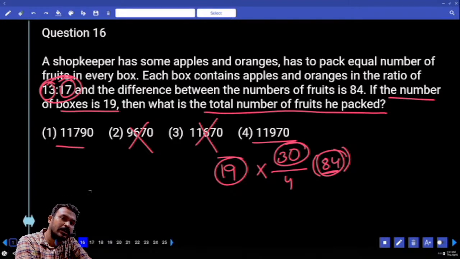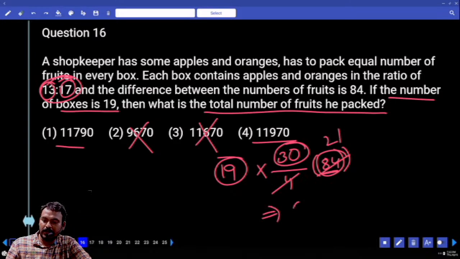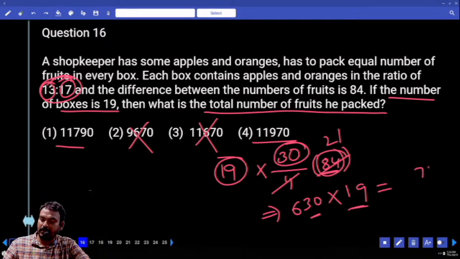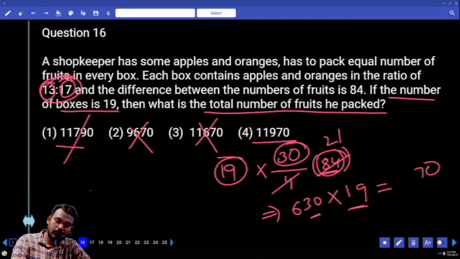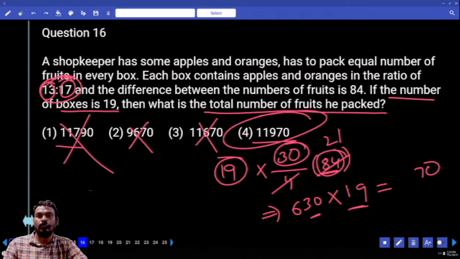First option is a multiple of 7? No. Next, 84 is 4 times 21. 21 into 30 means 630, into 19. 19 into 30 ends with 70. Is the first option possible or the fourth? Fourth option. Actually 11,970 is a multiple of 19. Out of 4 options, only one option is a multiple of 19.